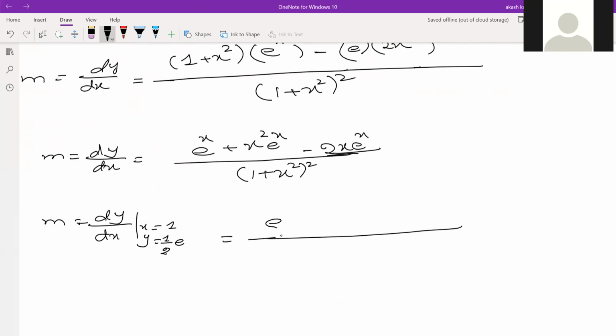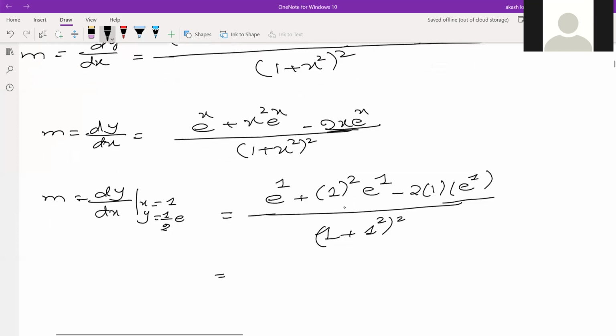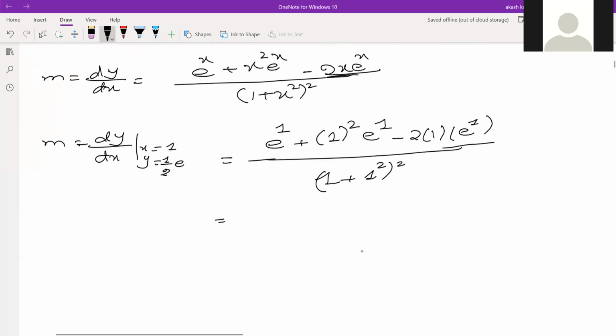So e raised to the power 1 times (1 plus 1 squared), minus 2 times 1 times e raised to the power 1, divided by (1 plus 1 squared) whole squared. Is it clear? Yeah, it's clear. Okay.